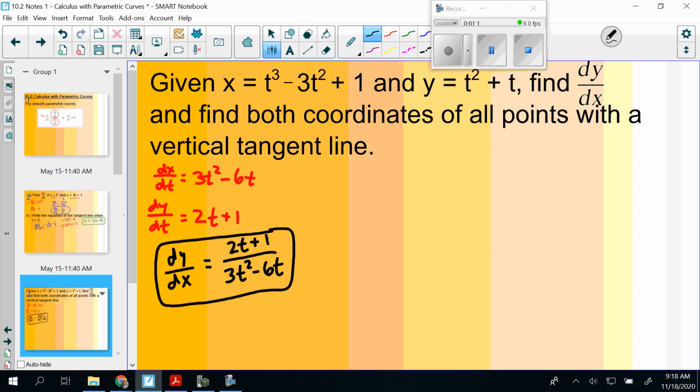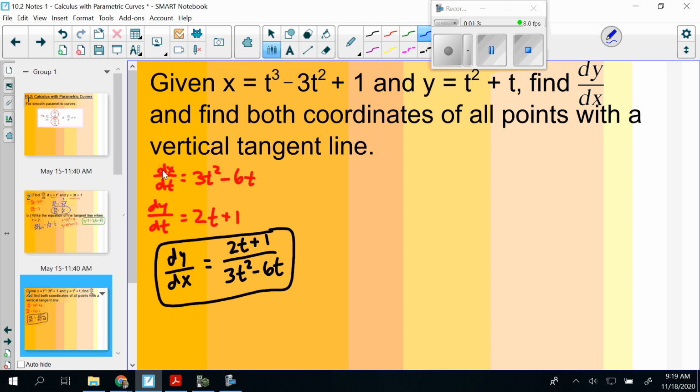And they want us to find both coordinates of points where there's a vertical tangent. Well, if some graph has a vertical tangent, maybe the graph of this looks something like this. If we want to find where it has a vertical tangent, we know the slope of a vertical line is undefined. So what we've got to figure out is, in this equation, what values of t would make it undefined.